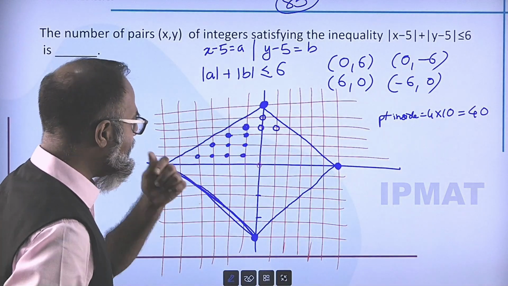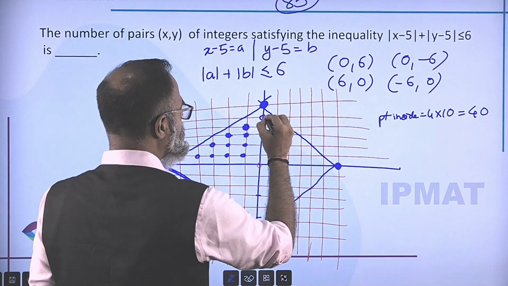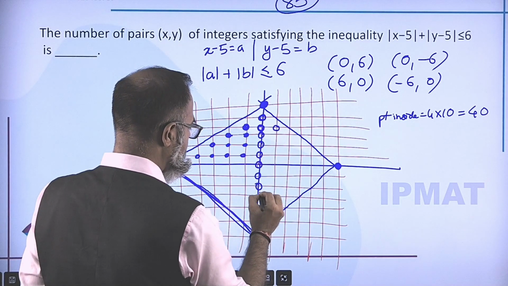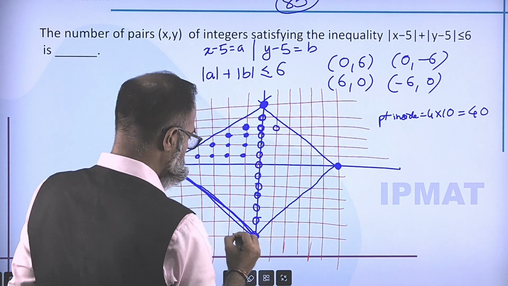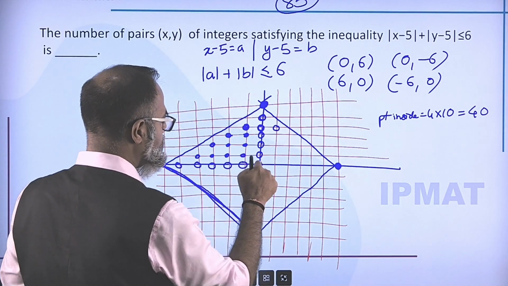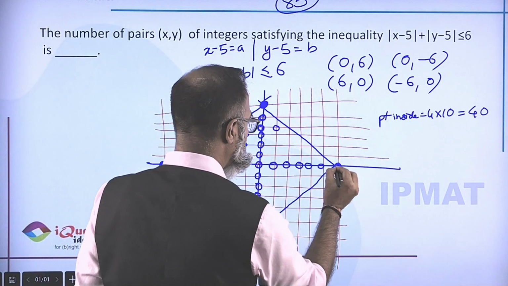Okay. On the axes, how many points are there including the edges? So 1, 2, 3, 4, 5, 6, 7, 8, 9, 10, 11, 12 and 13, 14, 15, 16, 17, 18, 19. Already counted. 20, 21, 22, 23, 24 and 25.